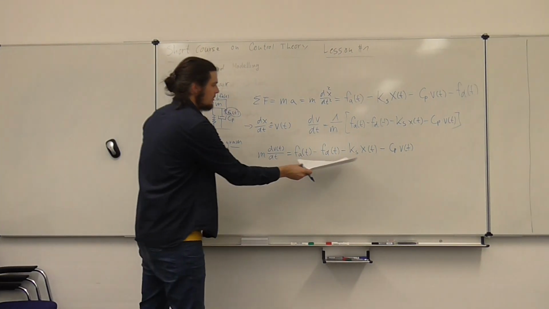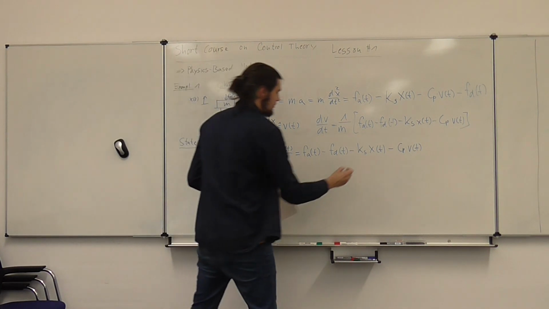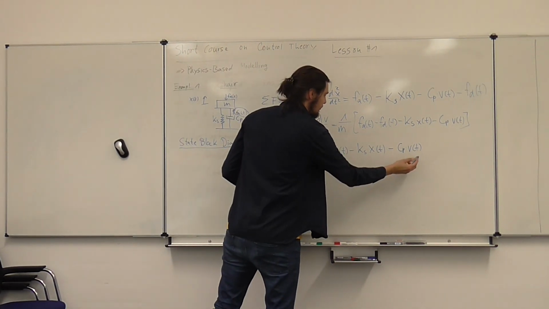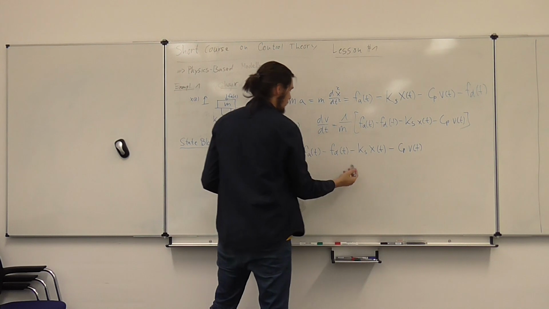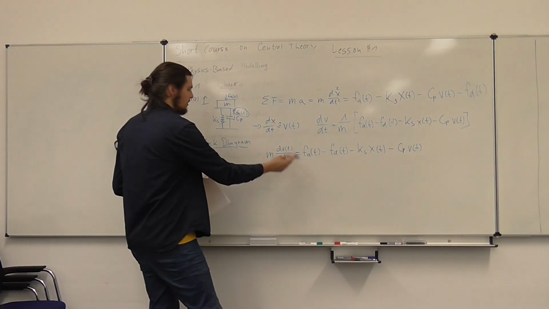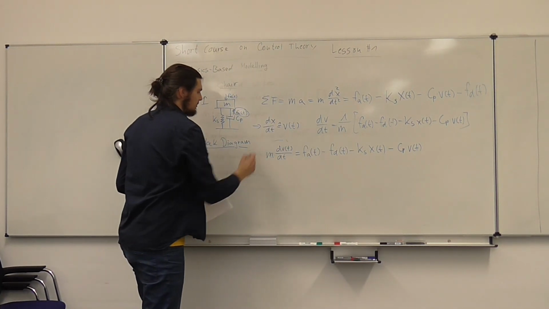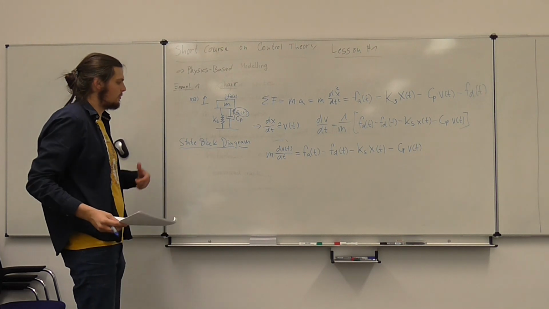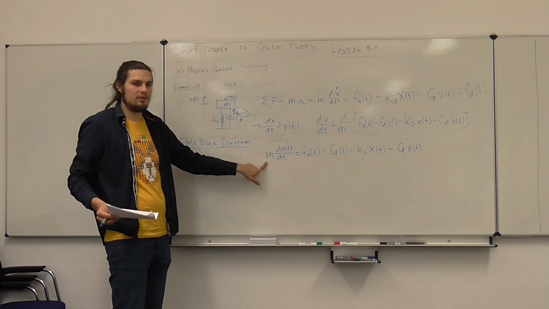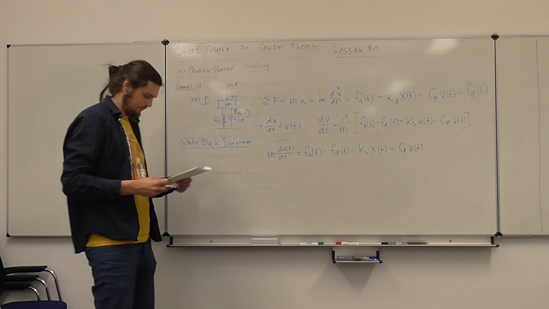So everything is in the unit of force, right? This is the friction force, this is the spring force, this is the disturbance force, the actuating force, and this is basically the force that acts on the mass and causes an acceleration.